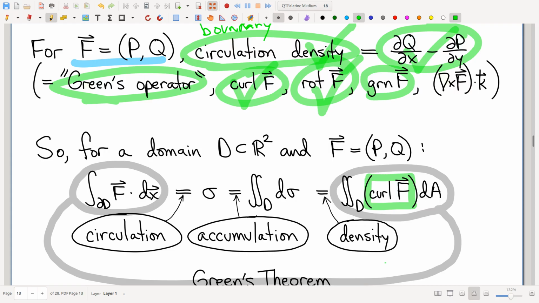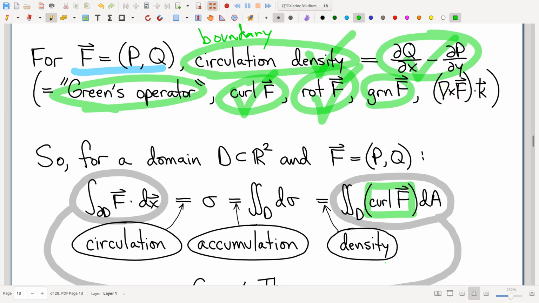Curl says, whatever it is that's being measured, how much of that stuff is there per unit area on the small scale. So it's a local measurement as opposed to a global measurement. When we multiply it by the area, it becomes a little piece, and you add up all of those pieces to get the entire thing. Okay. Right. All right.